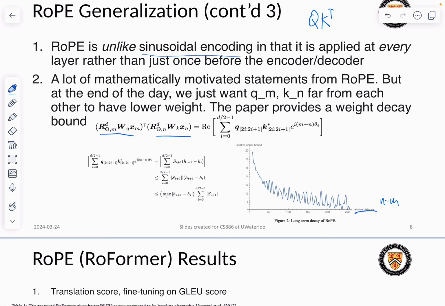This is the upper bound of how large the dot product can be between the rotated Q_m and the rotated K_n.